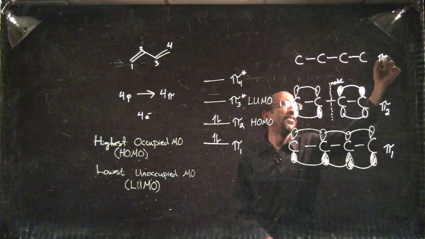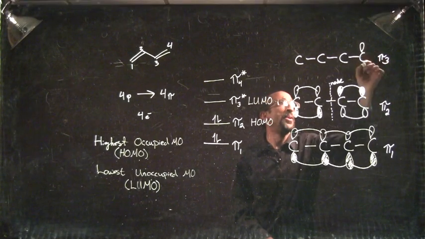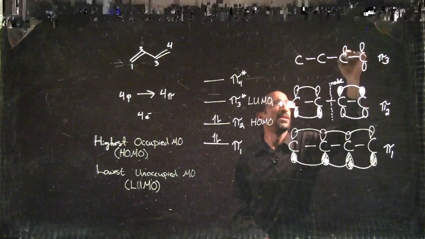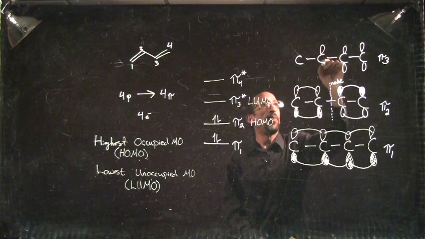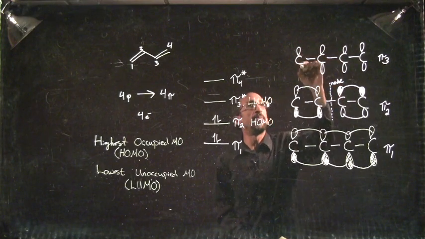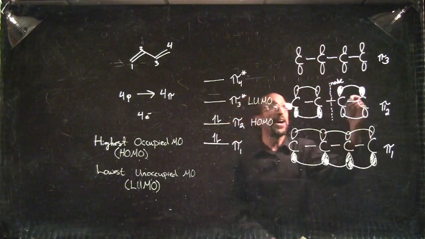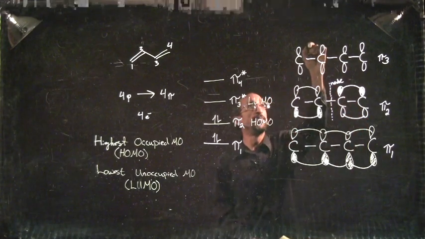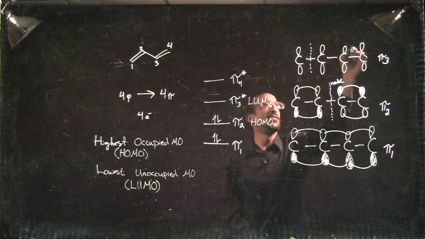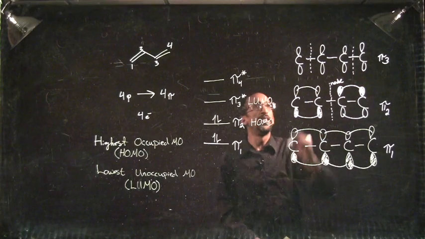Right, so this is going to be pi 3. And again, we're going to put in our p orbitals. Now pi 3, we've gone one step up again, so pi 3 needs to have 2 nodes. There's one of my nodes. There's the other node.